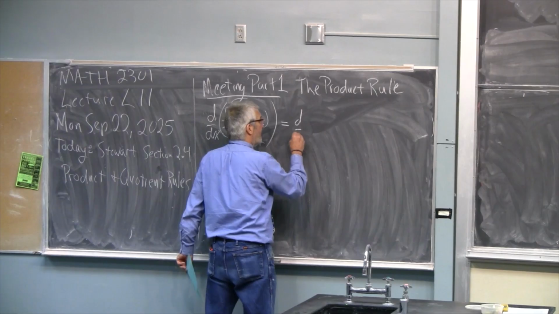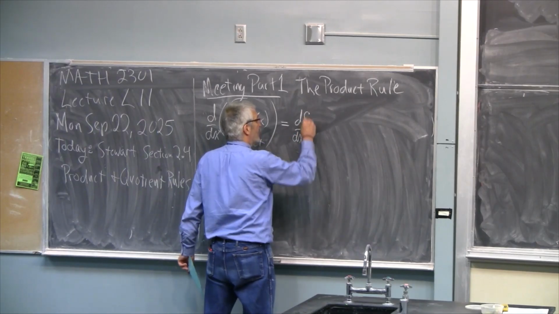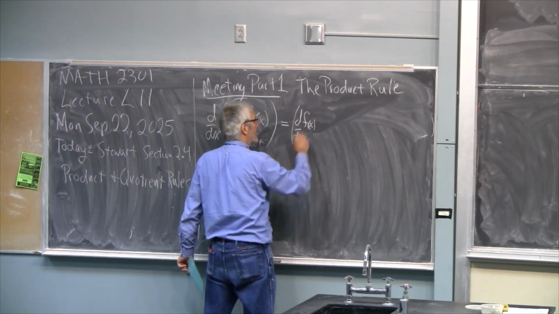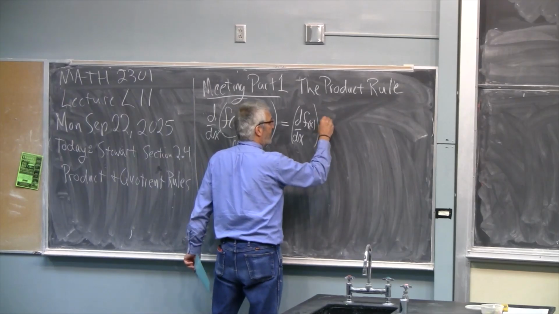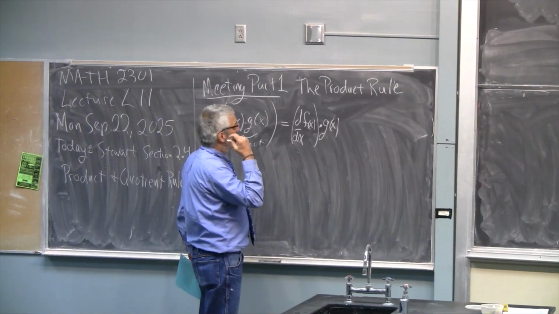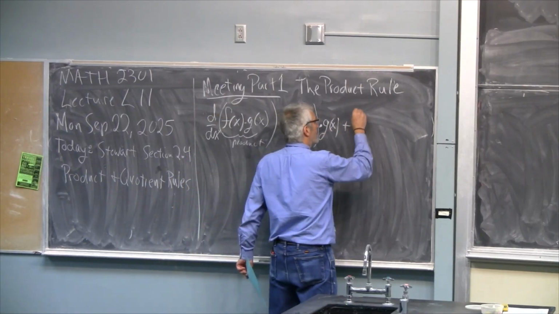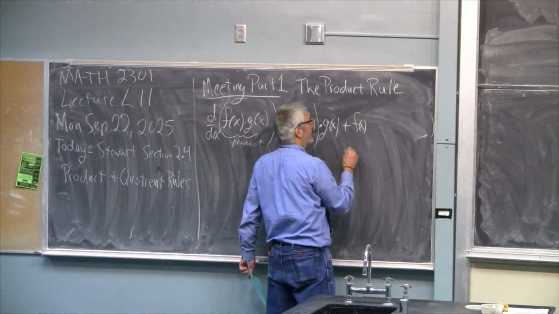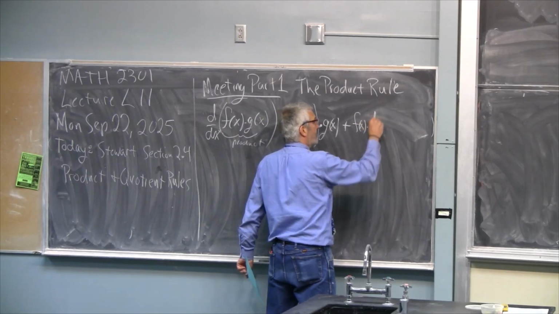You do the derivative of the function on the left, and then you just multiply that by the function on the right, not the derivative. And then you add to that the left function, not its derivative, times the derivative of the function on the right.